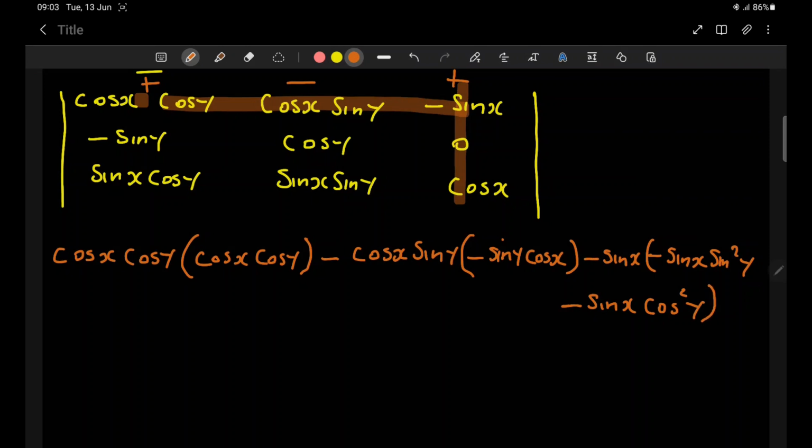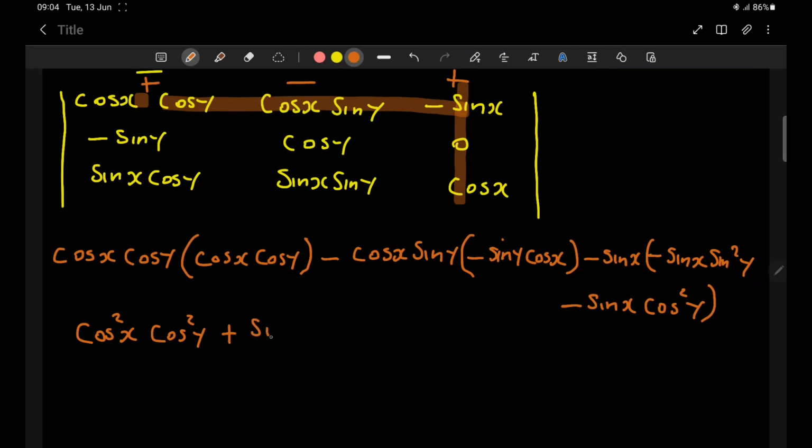Then we can simplify what we've written. If we have cos x, that means we'll have cos squared x, and cos y, we'll have cos squared y. Then we'll multiply negative cos x sin y with this element inside, and we'll end up having positive. Like terms cos x and cos x will make cos squared x, and sin y will make sin squared y.